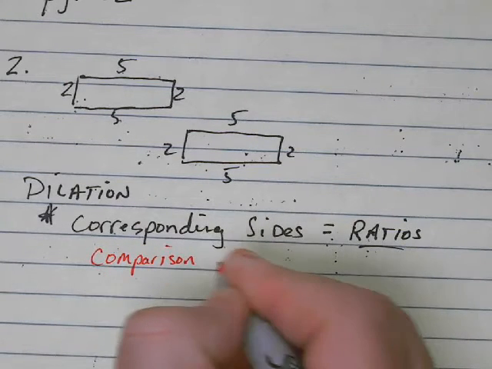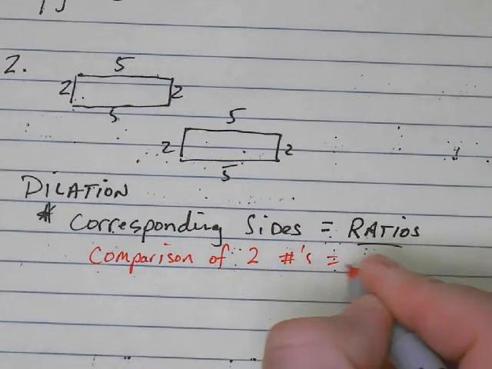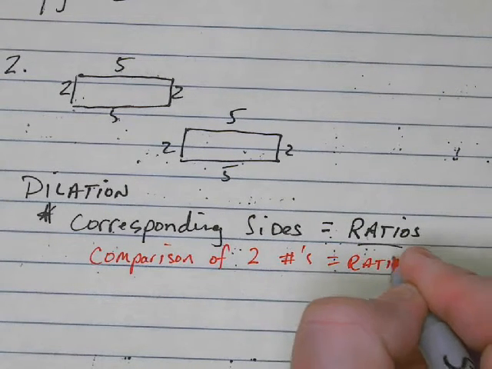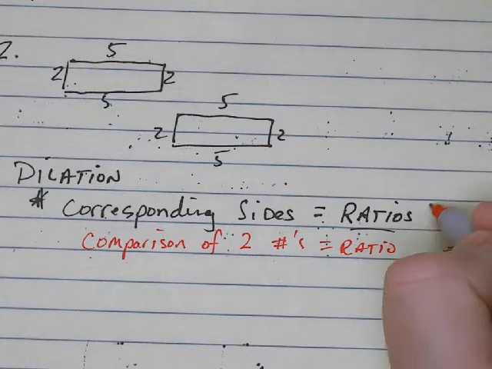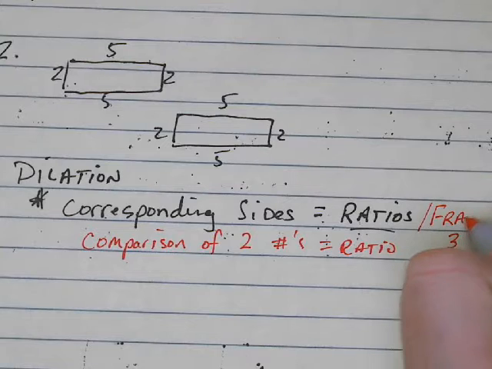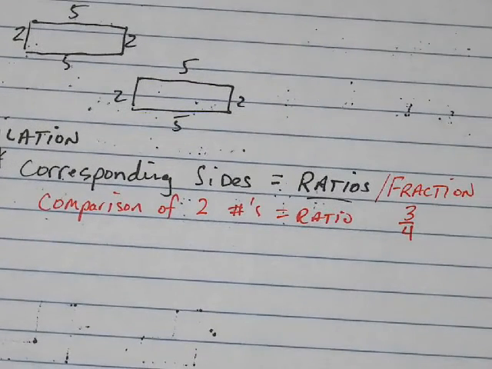So for instance, 3 to 4. That is a ratio. Another word for a ratio? Fraction. They mean the exact same thing. So ratio and fraction have the exact same meaning. Okay? Now you're getting the idea.